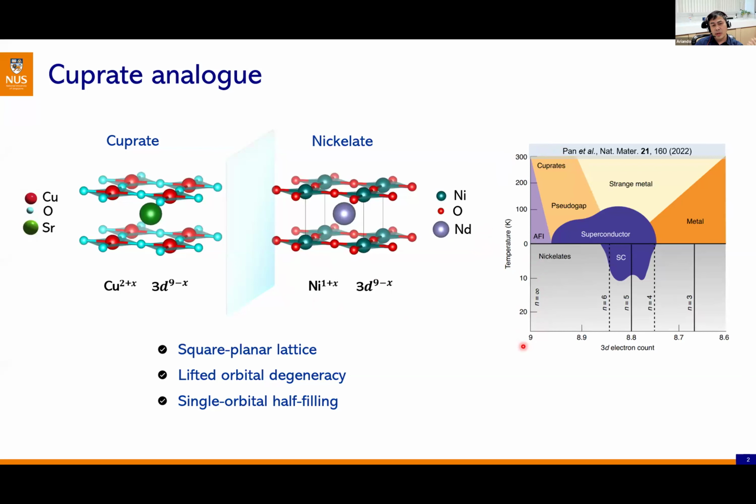By hole doping, we can expect the 3d electron count comparable to what we have in the superconducting dome of the cuprate. As well as the 5 layer, for example, this will give you directly, after you remove the apical oxygen, the same or comparable 3d electron count in this dome of the cuprate.